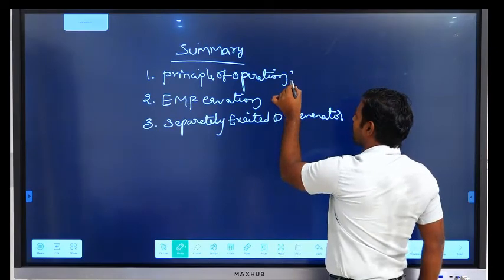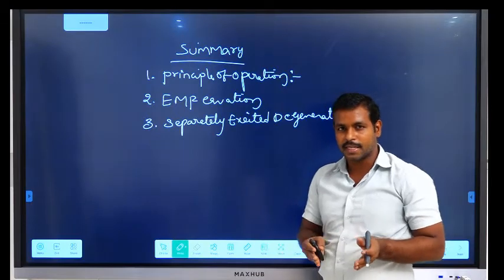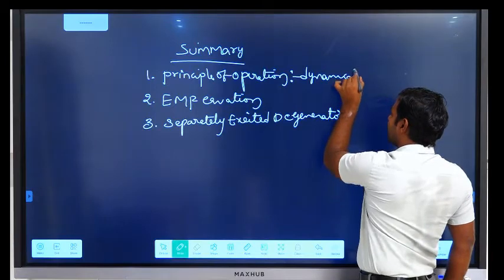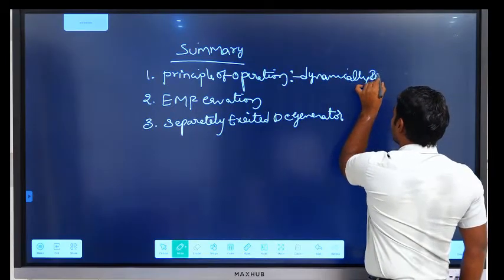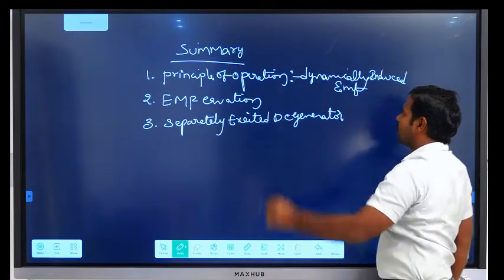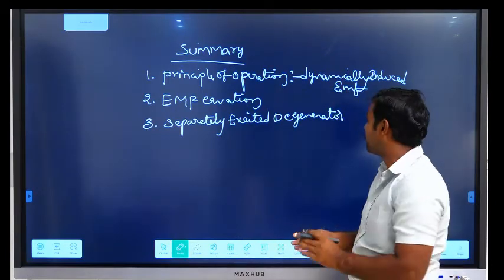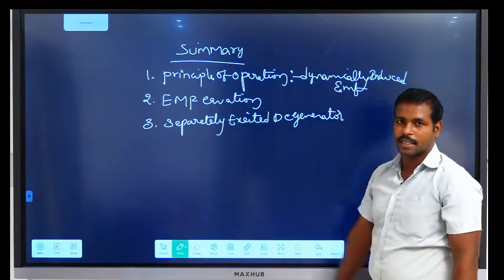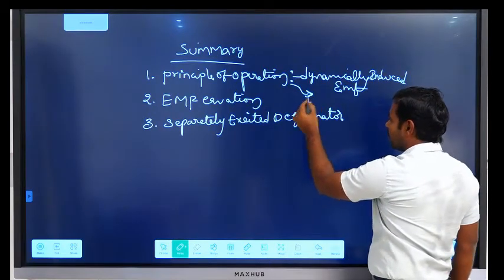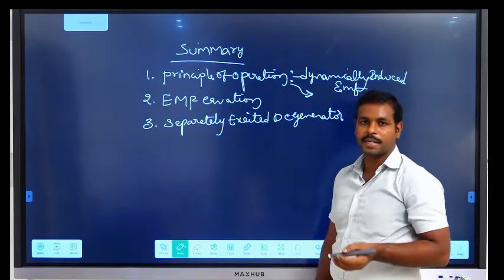First one is the principle of operation of a DC generator. The basic principle of operation of a DC generator is dynamically induced EMF. Because the conductor position continuously changes while the field is constant, such type of EMF is called dynamically induced EMF. It requires a rectangular coil, permanent magnets, external load, split rings and brushes.